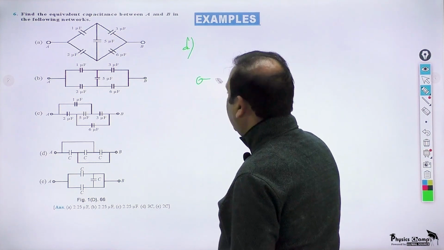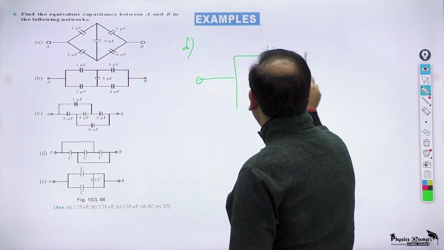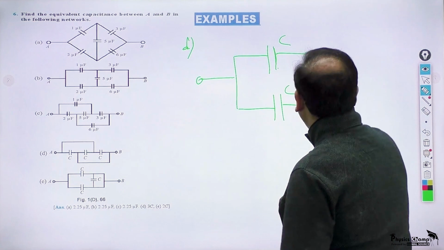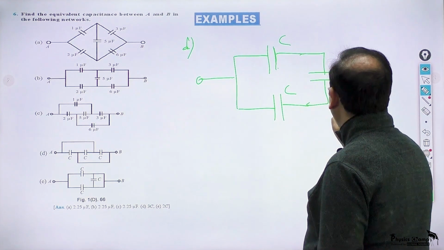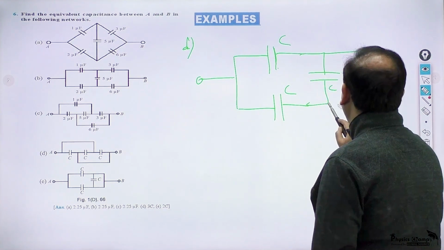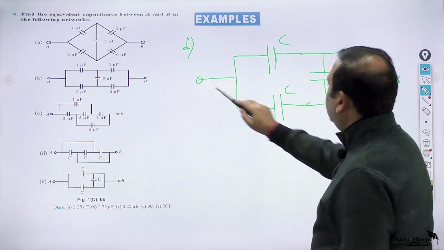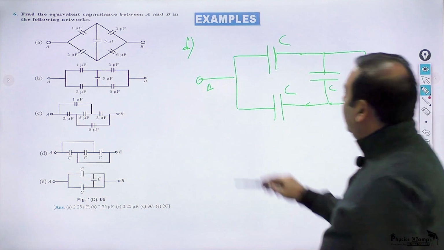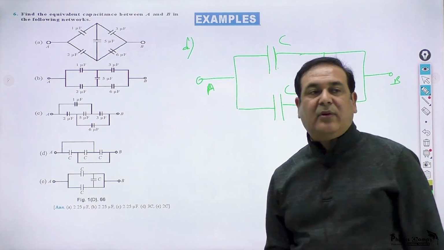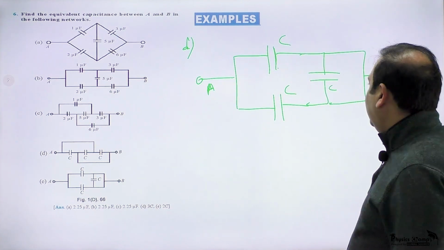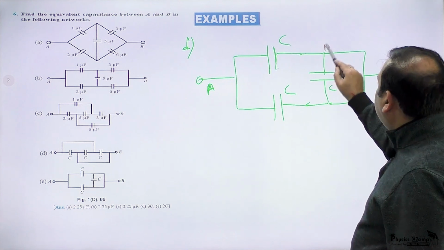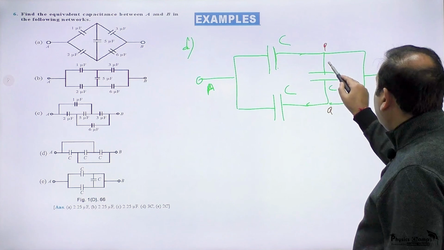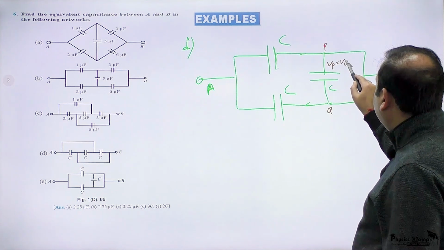In case E, we are told you have a capacitance C here, you have a capacitance C here, you have a capacitance C here, and you have a short circuiting wire. Now over here, I have something new to discuss. That is, if I take this as P and this as Q, then can I say even in this arrangement Vp is equal to Vq?